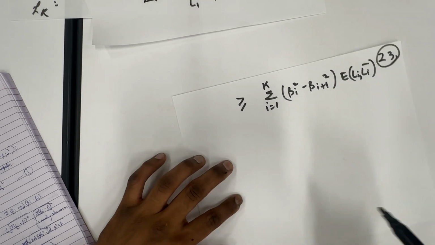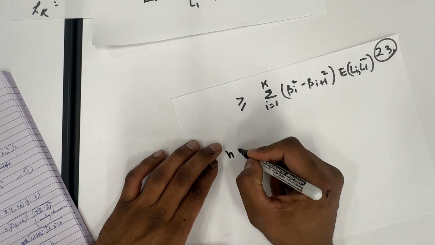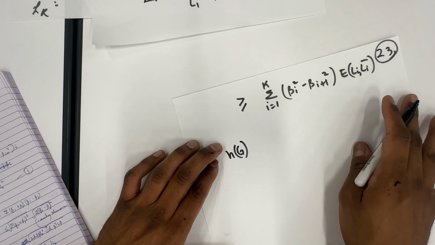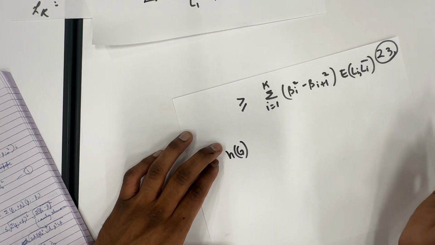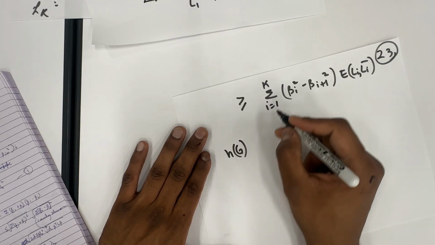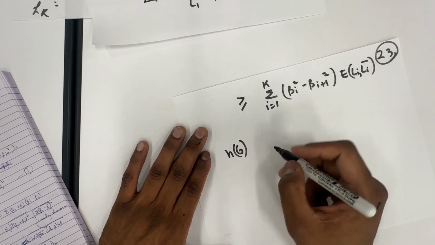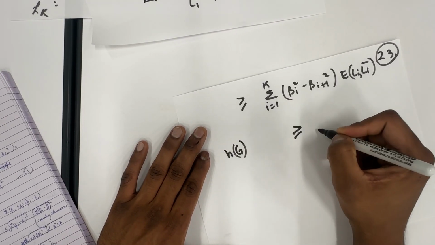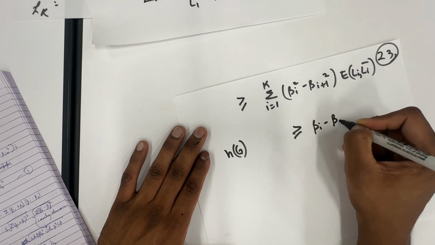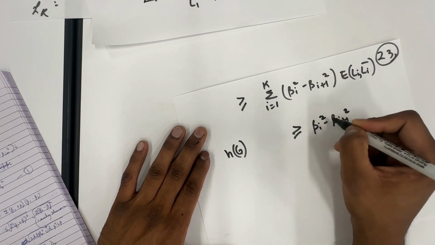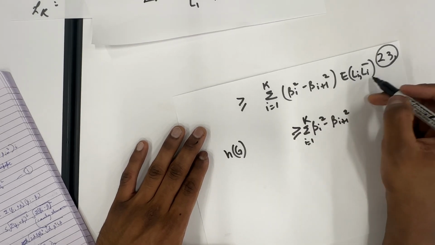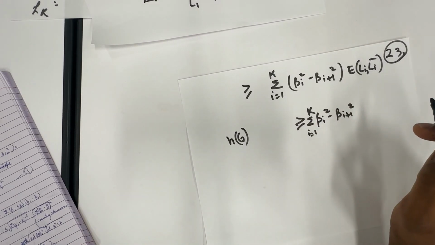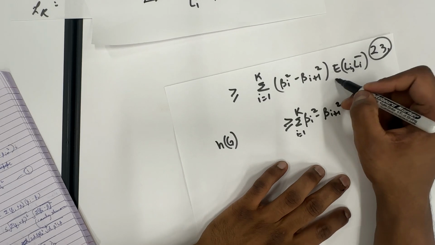Now, because h of G is the smallest of all of these, the smallest expansion, what I can write is that this is always greater than or equal to the sum from i equals 1 to k of beta i minus beta i plus 1 squares, divided by d times the number of elements in Li.